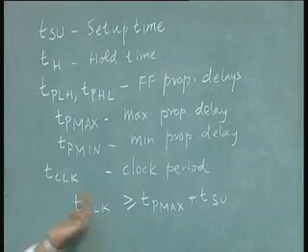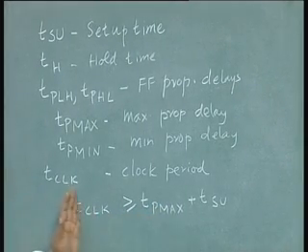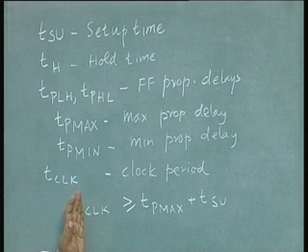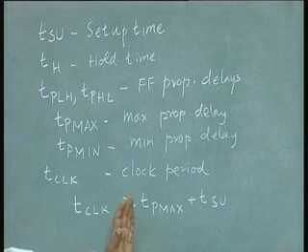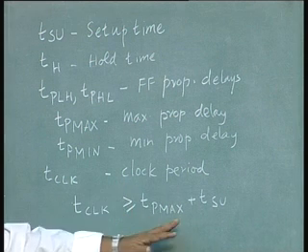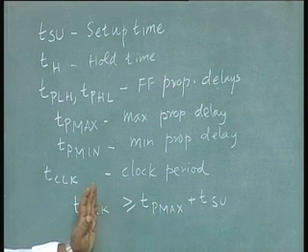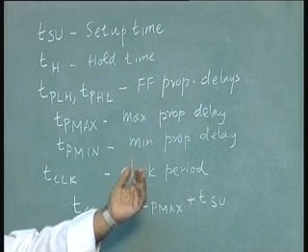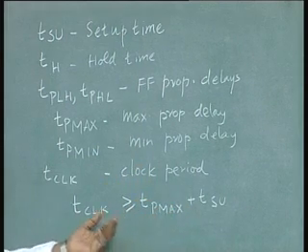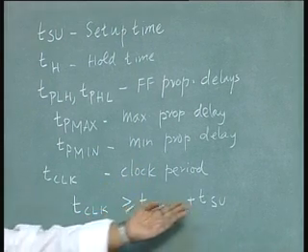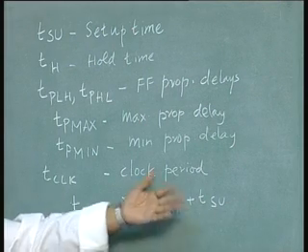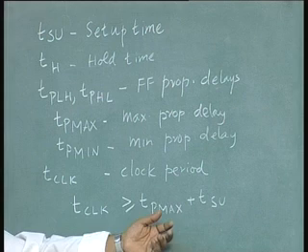What I am saying is the clock edge should occur a setup time interval after the data change and a hold time interval before the next data change. That means the data should change TSU before the clock edge and should remain valid TH after the clock edge.